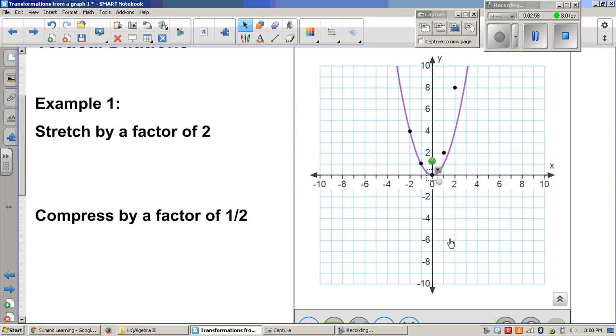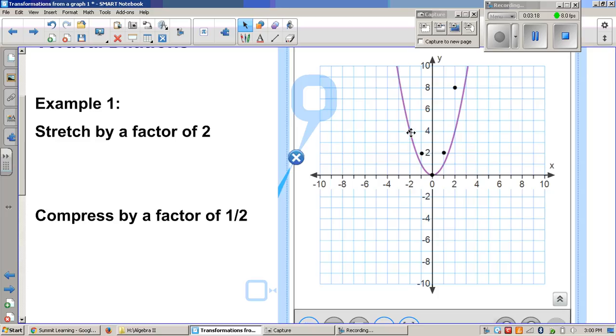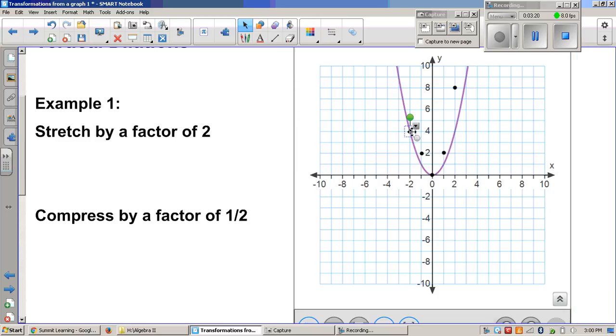Now this one, the one at 0, 0, it's 0 units away from the x-axis. 0 times 2 is still 0. So that's going to stay. This one, same thing, 1 unit away, 1 times 2 is 2. Now 2 units away. That one's 4 units away. 4 times 2, 8.